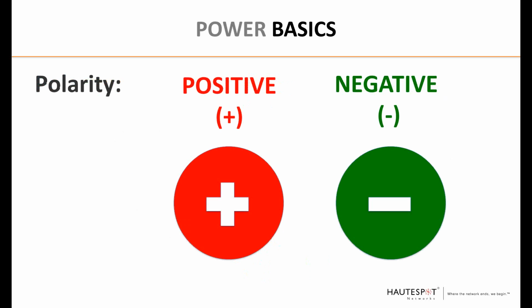Another power basic: each device, including the batteries, solar panels, and IP cameras, will all have a positive and negative labeled terminal for both power in and power out blocks. This is called polarity. It's imperative that you note the difference between the two and configure the wiring accordingly, as if you install them incorrectly, that can lead to blown fuses or possibly blowing up the device itself in a condition called reverse polarity.